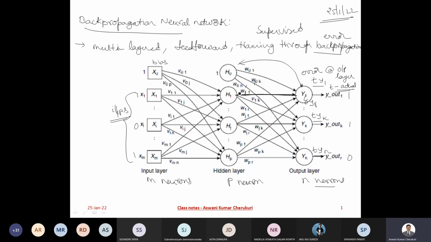That means the connection weight between the hidden node h1 and y1 would be multiplied with del y1. Similarly, the error term from yk gets propagated to h1. So this error del yk gets multiplied by the corresponding connection weight. That is how the error gets propagated from output to hidden.